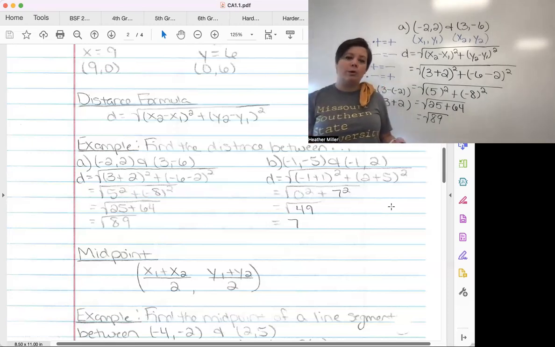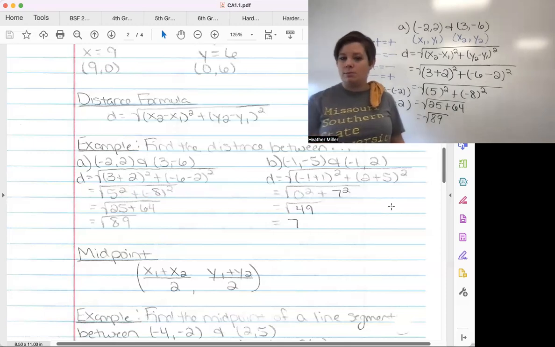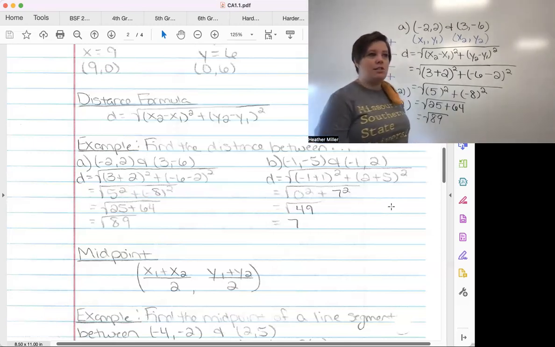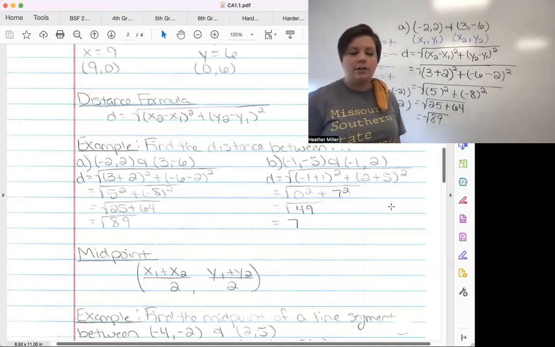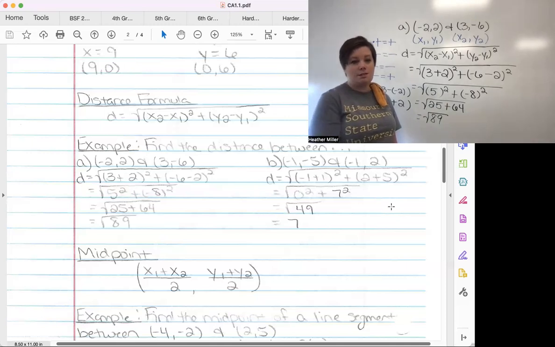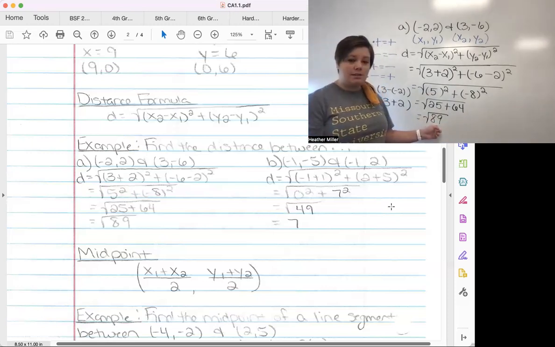If we were doing a word problem or trying to measure something, that wouldn't be very helpful. I wouldn't want to go up to the counter and say, yeah, I need the square root of 89 inches of copper wire. That doesn't make sense. But this isn't a word problem. This is simply finding the distance between two given ordered pairs. And when that is what we are asked to do, you want to leave it like this.